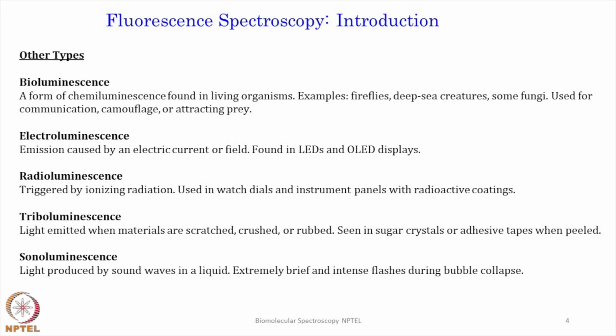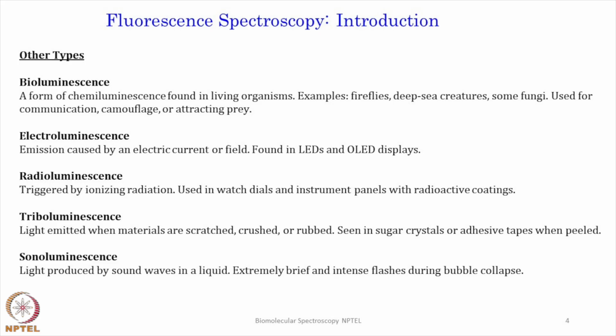Then radioluminescence, it is triggered by ionizing radiation, used in things like dial watches, right? Then triboluminescence, light emitted when a material is scratched, crushed, rubbed; all these can be triboluminescence, seen in sugar or adhesive tape. When peeled, you can get the color. And finally, sonoluminescence, which is produced by sound waves.